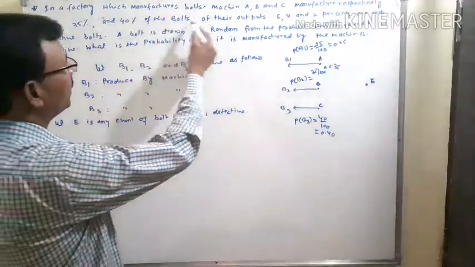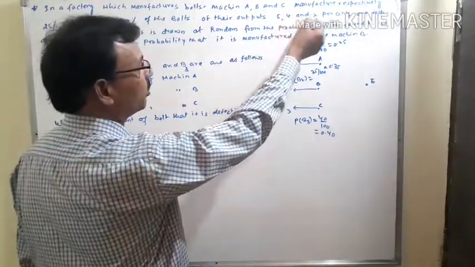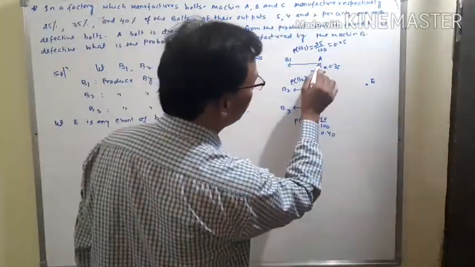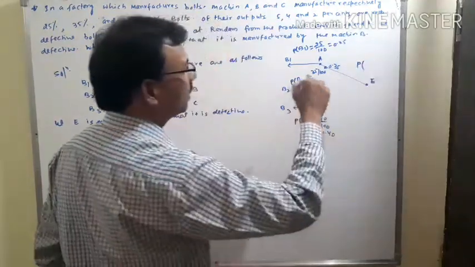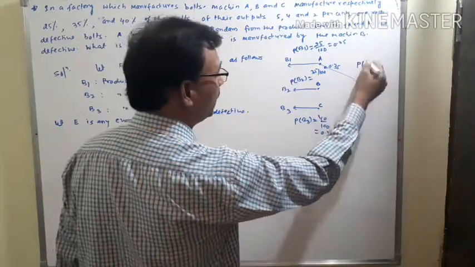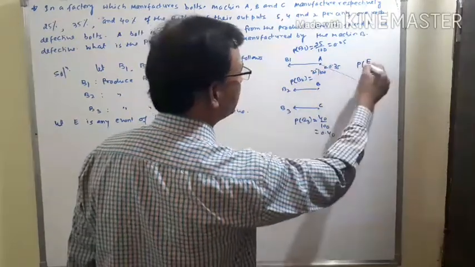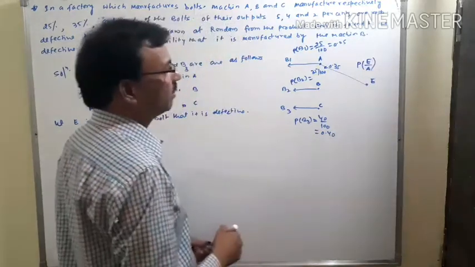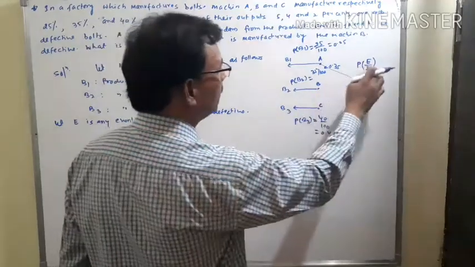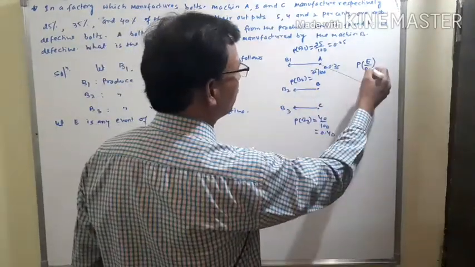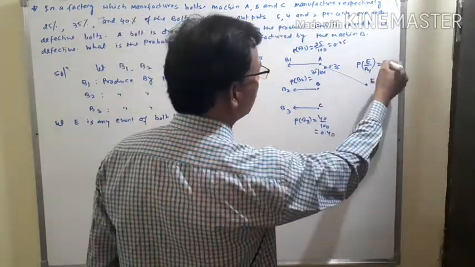Now the defective bolts produced by machine A, machine B and machine C are given here as 5%, 4% and 2%. That means the defective bolt produced by machine A, that means P of E slash B1 is equal to 5%, that means 5 upon 100.